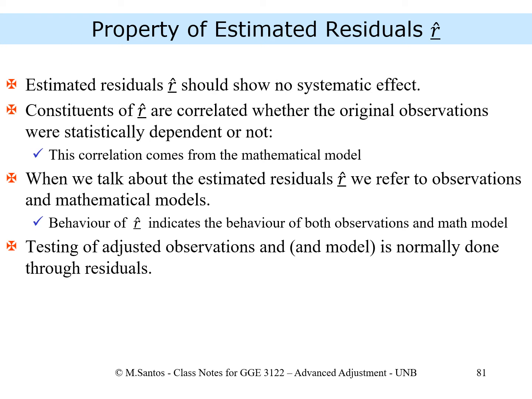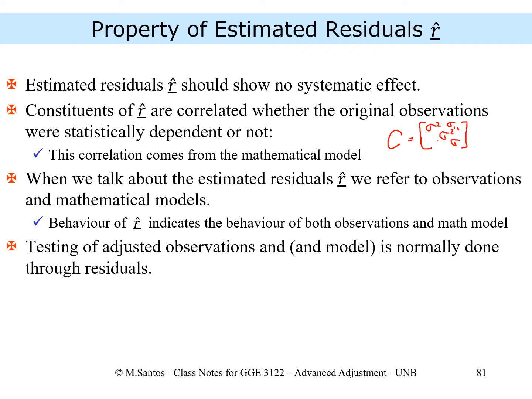If you recall, what quantity tells us about the statistical dependence or not? Well, the covariance matrix. The covariance matrix will have the variances, and then we have the covariances in here.